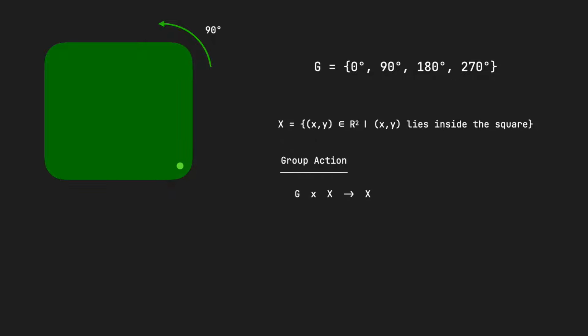This is a function on the Cartesian product, where I take an element from G, which is an angle, and I apply it to a point in X, so I'm rotating, and I get a new point. I'm doing that for all the points in this space to perform this group action. So I take G, and I take a point x, y in the space, and I get a new point when I apply this group action.